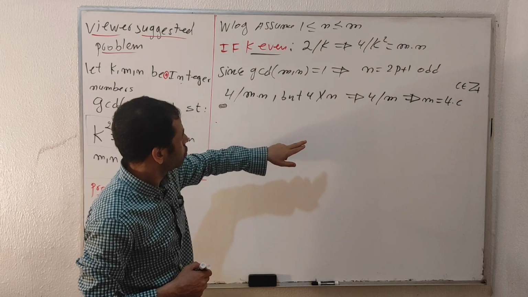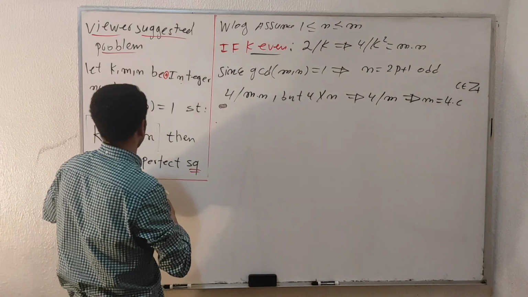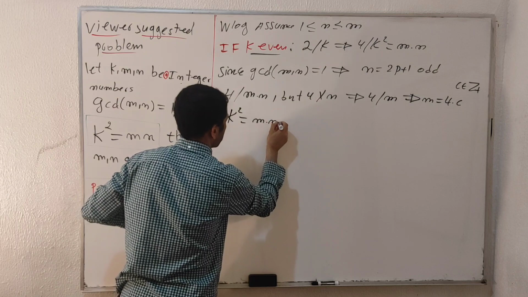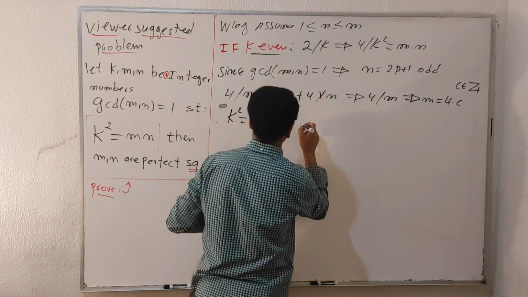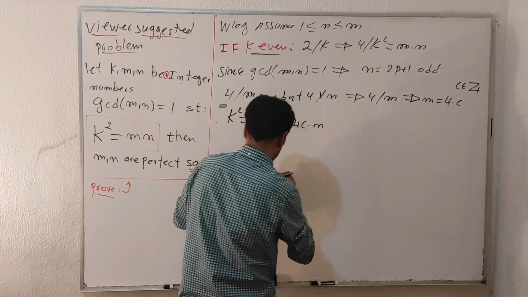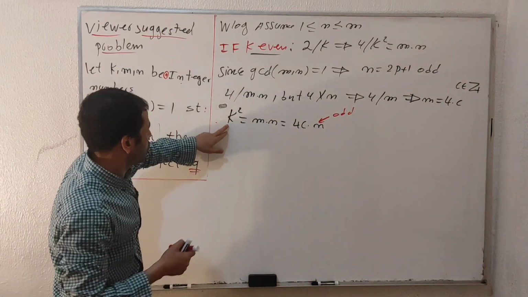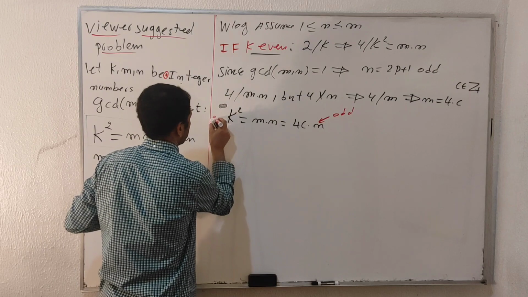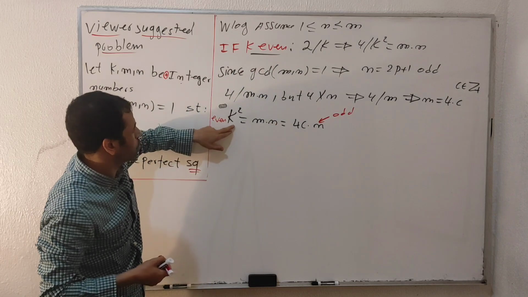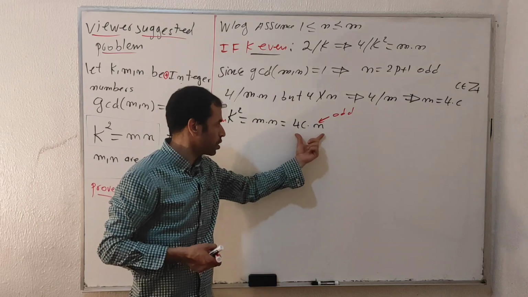Okay, now I'm going to take this value of m and insert it into the original equation to see what it gives us. We'll have k squared equals m multiplied by n. m will be replaced with 4c, multiplied by n. So we know n is odd. But k squared is even, because we already assumed k is even, which means the left hand side of this equation is even, which means the right hand side of this equation must be even as well.